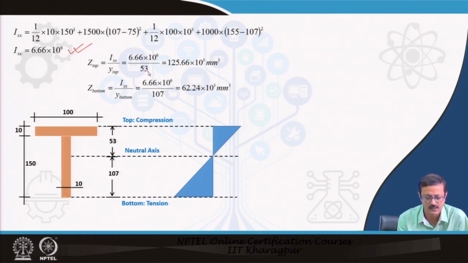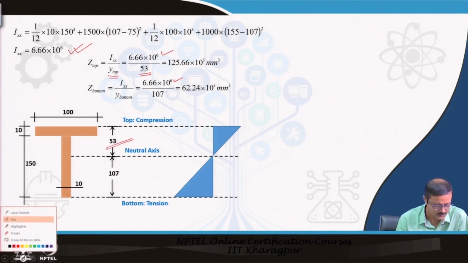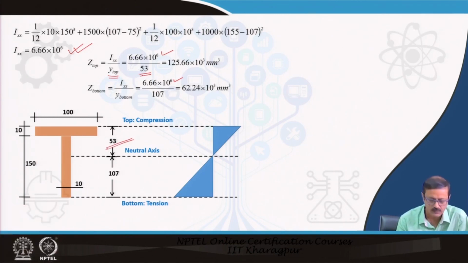The I will remain the same in both cases. In the case of the top, I have to put the y top, which is 53, right, and the Z bottom, suppose I take a different color, is this, which is 107, the section modulus at the bottom.